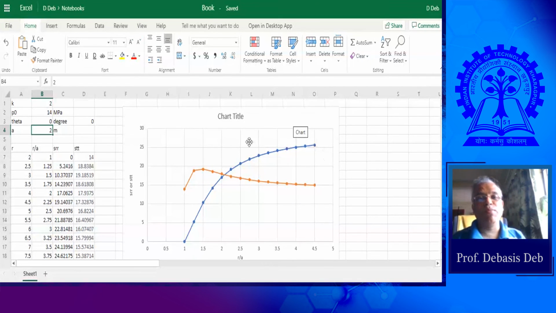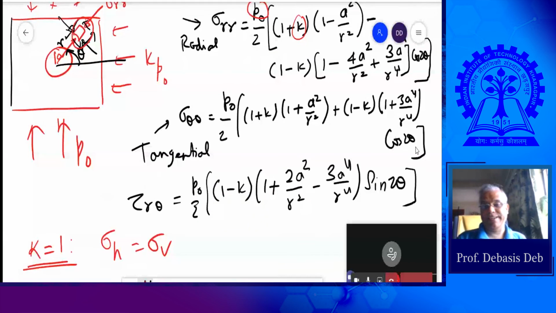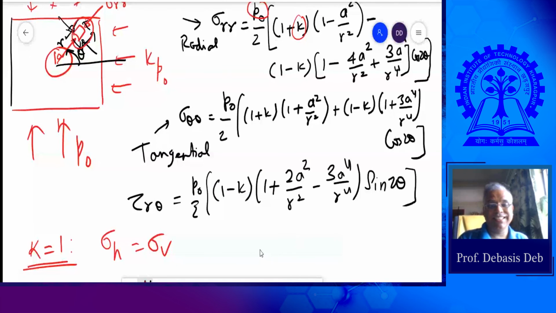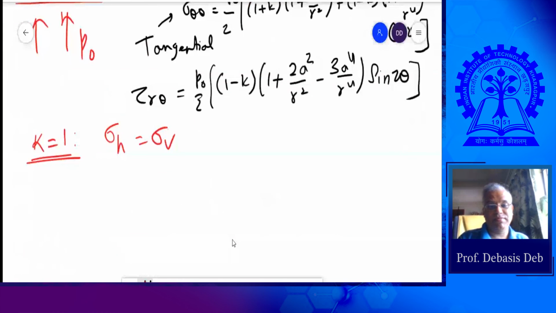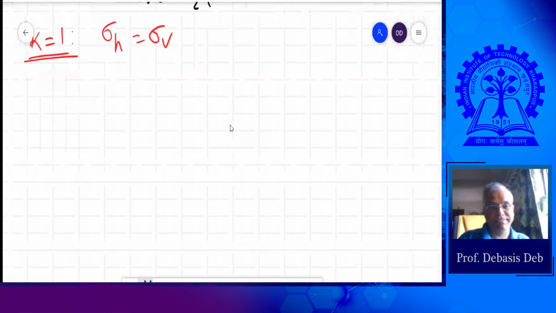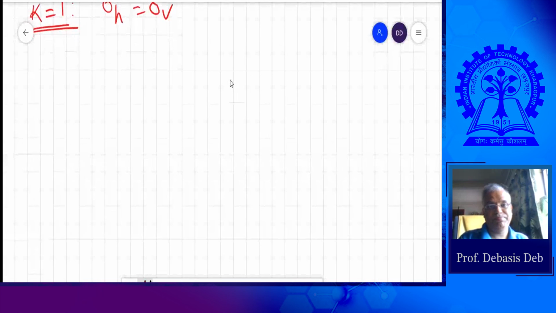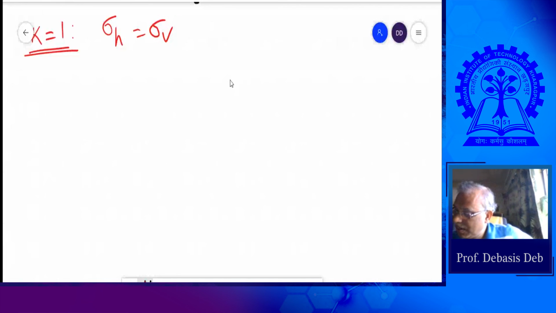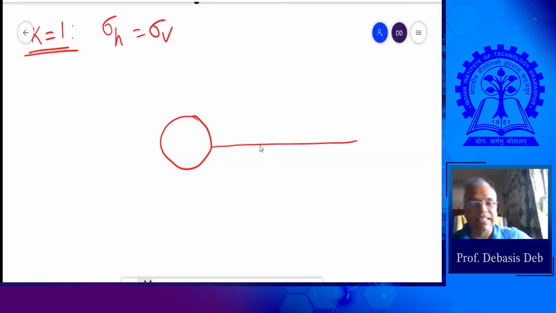Now I go back to the whiteboard. Okay, now I'll draw it for you, what you have just seen. Okay, the first case, k equals 1. The way we have seen, this is at theta equals 0 we have plotted.